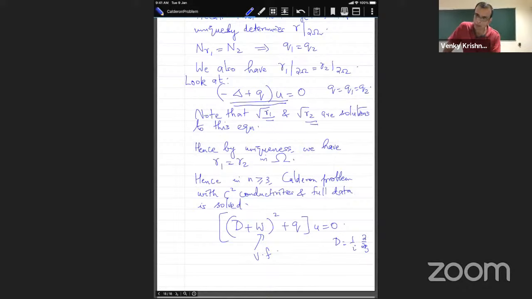One can similarly ask for partial data versions of these problems, and also for partial data in the same part of the boundary. So there are several variations of this problem. It is still an area of current active research, and there are many interesting problems which are still open.